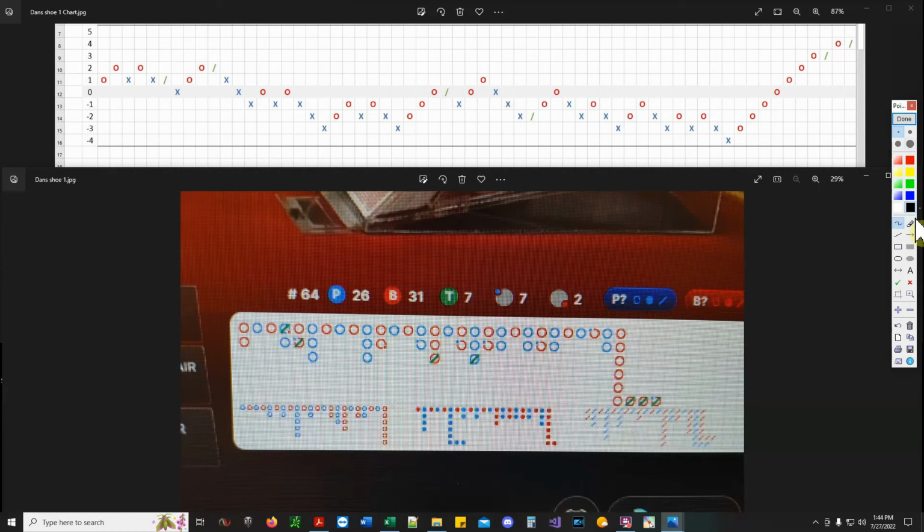So, first thing we're going to do is start out by drawing a zigzag. Start out by drawing your zigzag. That way you get a thorough understanding of where your support and resistance is.